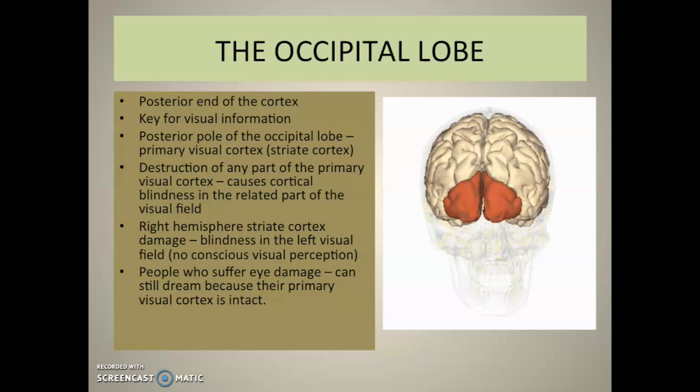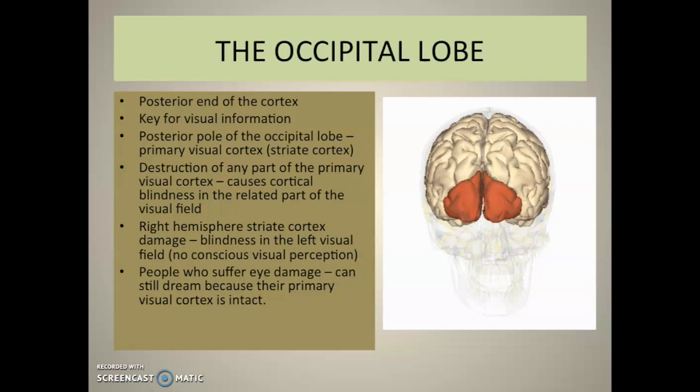But another important thing that you need to know is, say you are born with good eyesight, and over the years you lose your eyesight because of damage, like an injury, a disease, or some kind of accident.